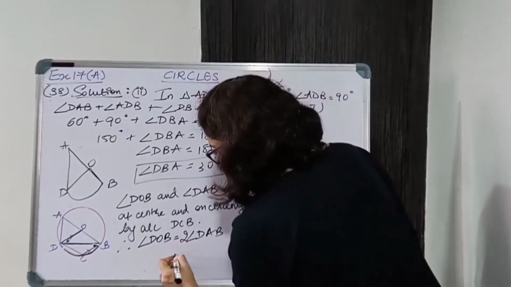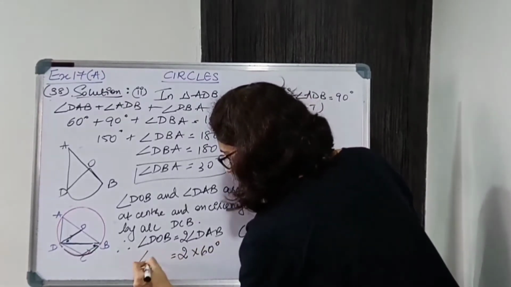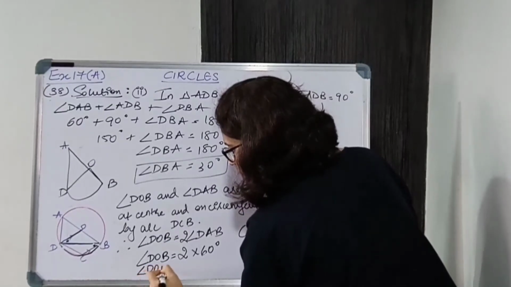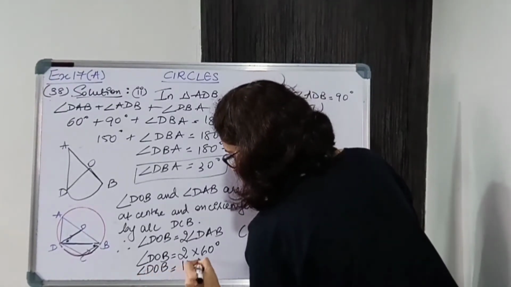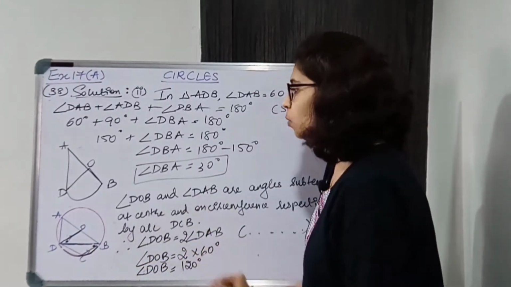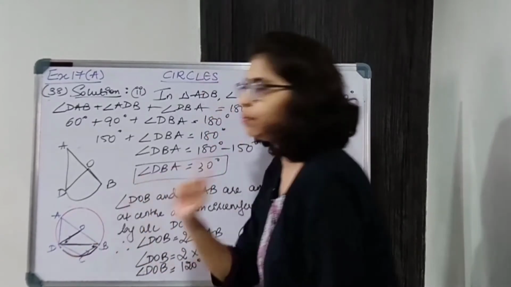So DAB we found 60 degrees, so angle DOB is equal to 120 degrees. This angle is found. Now we can find angle ODB and then we can find angle DBC.